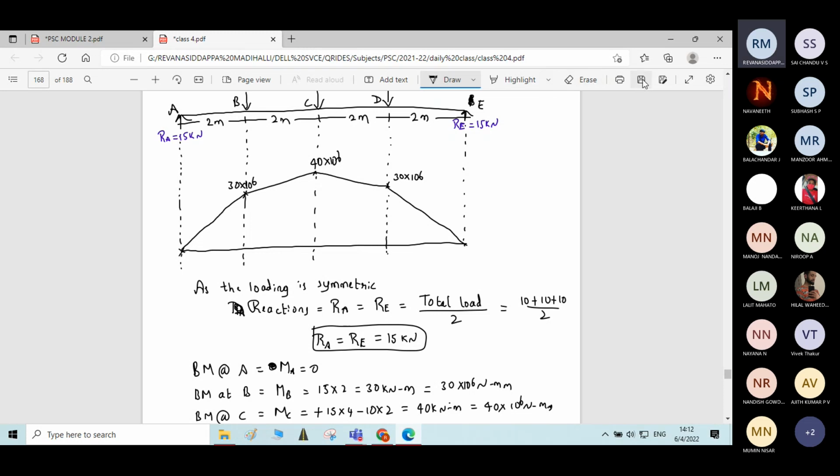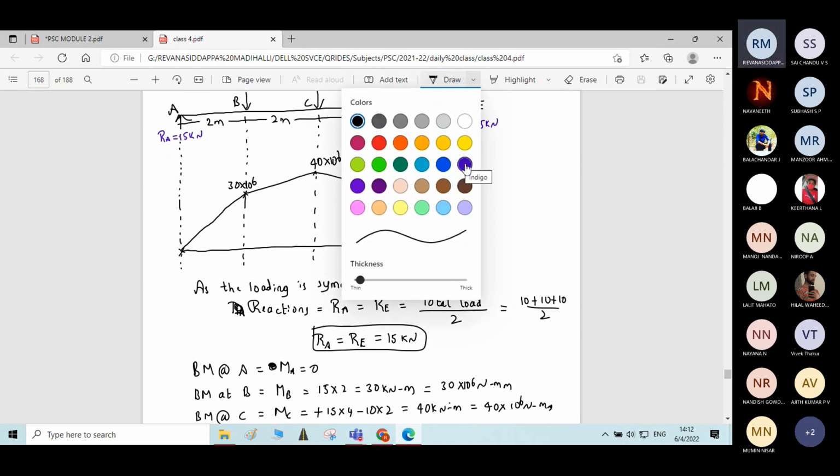Now consider half of the portion of the diagram for the calculation. Let me share the half of the bending moment diagram.